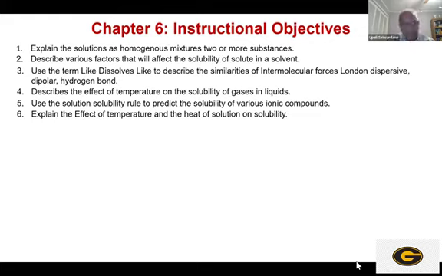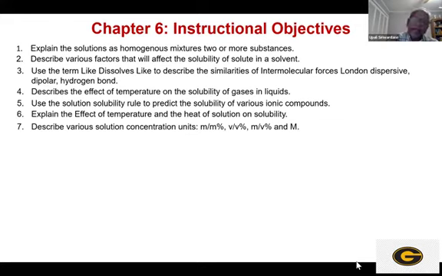As the temperature increases, most liquids and solids increase solubility. That means solute and solvent get mixed up and form a homogeneous solution as the temperature increases.